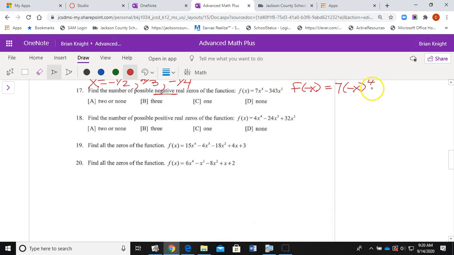So negative x to the fourth minus 343 negative x squared. When you have a negative to an even power, it makes it what? Positive. So 7x to the fourth. Again, negative squared would be positive. Positive times a negative is negative 343. Now, once you have that plugged in, all you do is count how many times the sign changes.